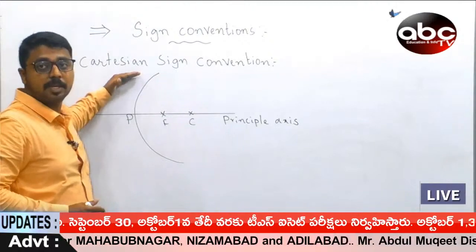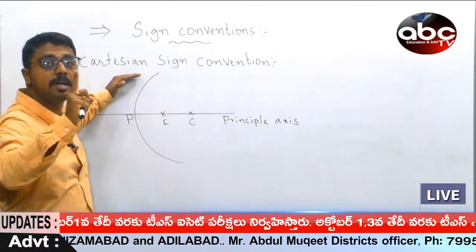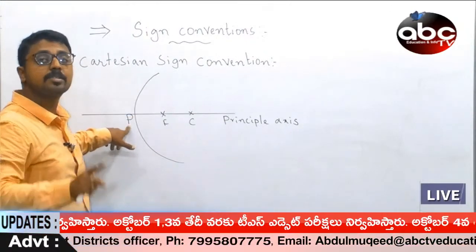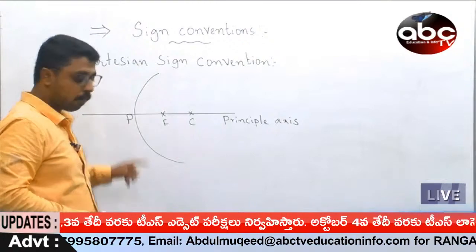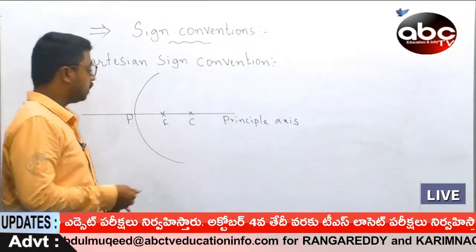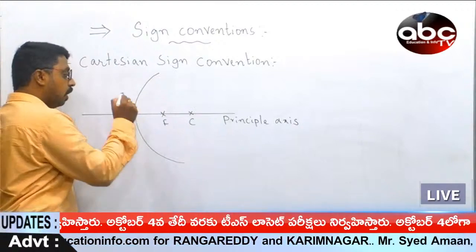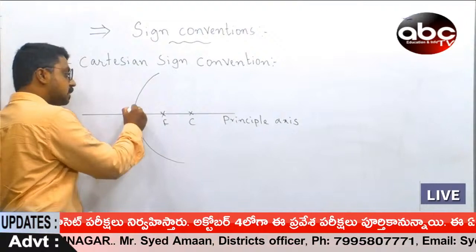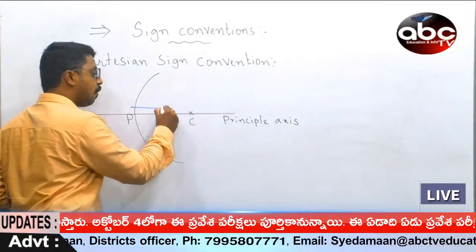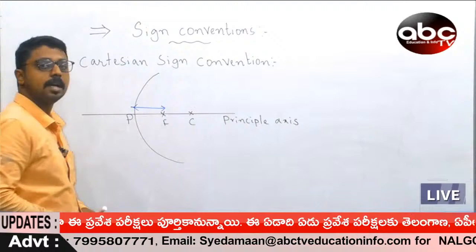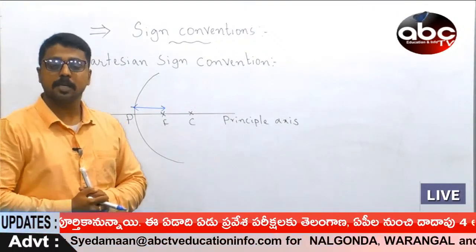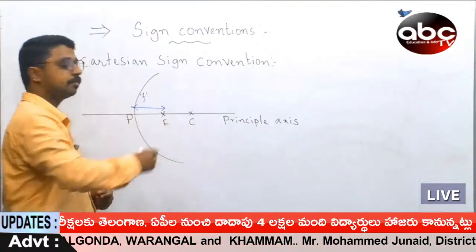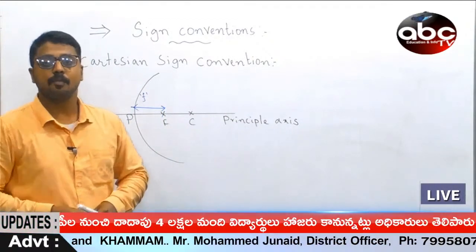Regarding the sign conventions, the very first point is about distances starting from a major point called the pole. Pole is a fixed point, focus is a fixed point. The distance between pole and focus is called the focal length.